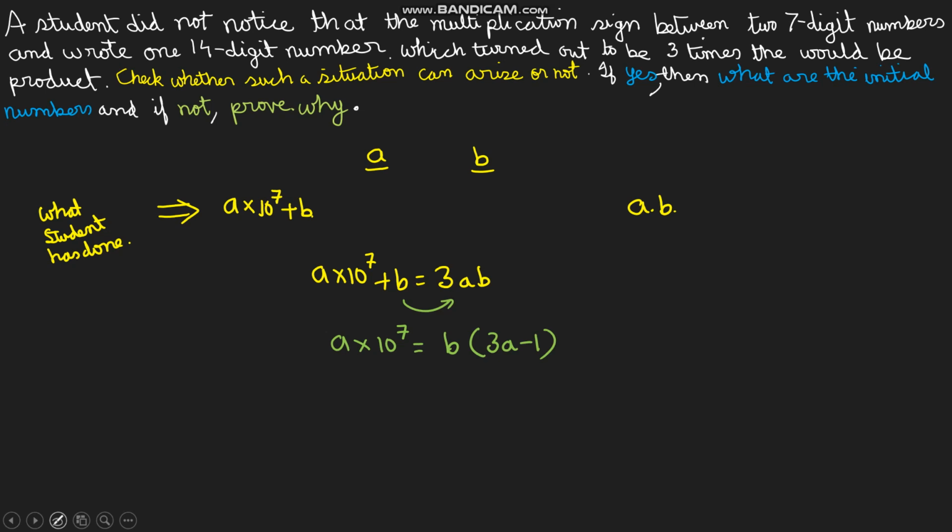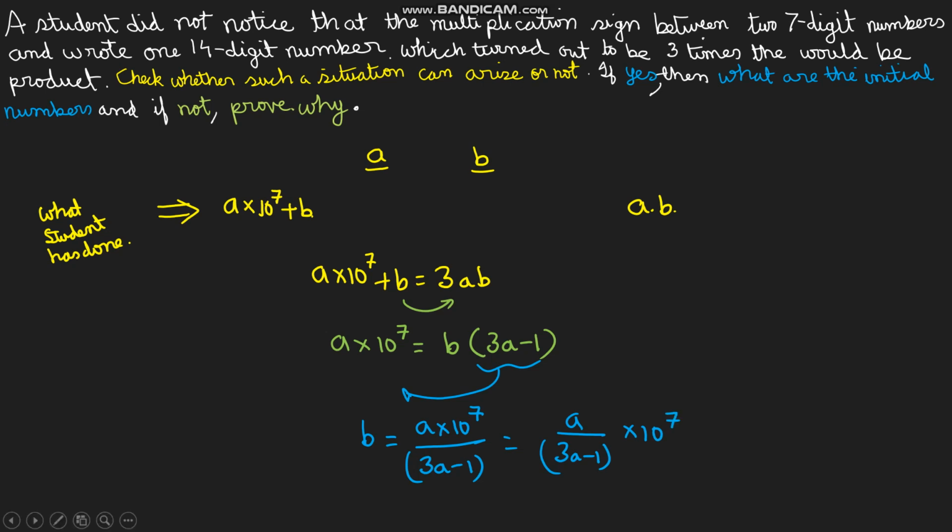Now, taking this entire thing, we can write B equals A times 10 to the power 7 by (3A minus 1), or A by (3A minus 1) times 10 to the power 7.